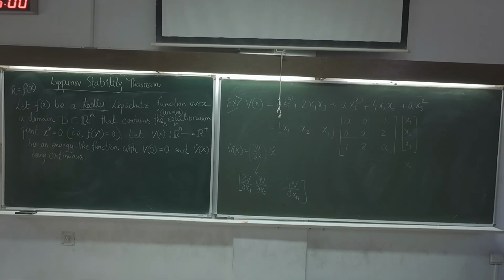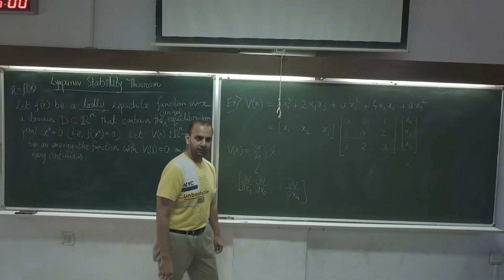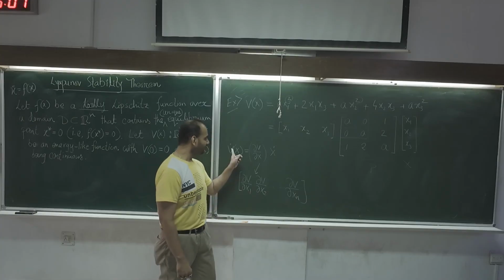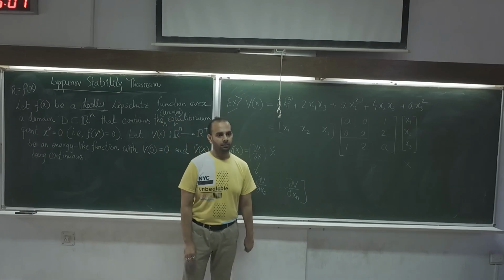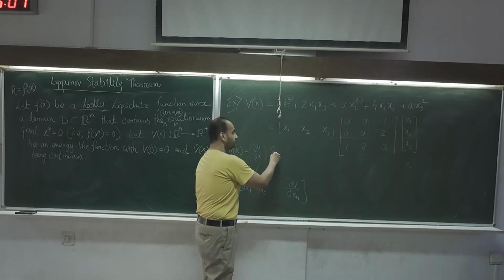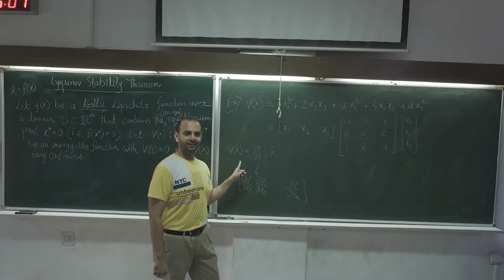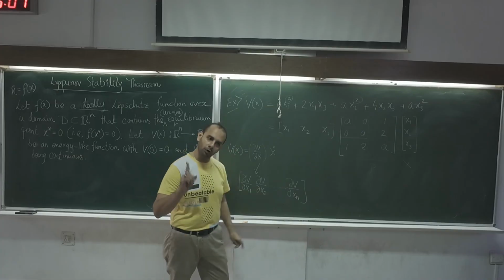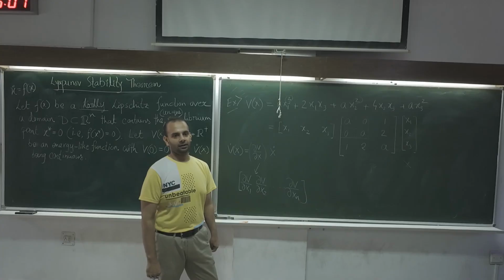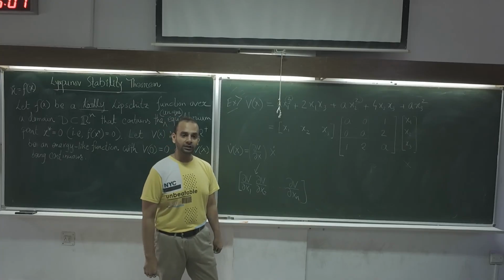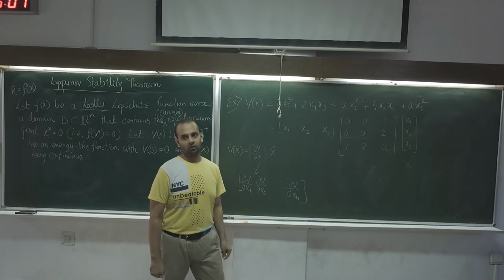In a real analysis book, you will find that even if all the first partial derivatives are continuous, V dot x may not be continuous, because here you have the x dot component as well. This is the total derivative. So if V dot exists, that will imply all of them exist and are continuous, but not the vice versa. Even if all the first partial derivatives exist, V dot may not.